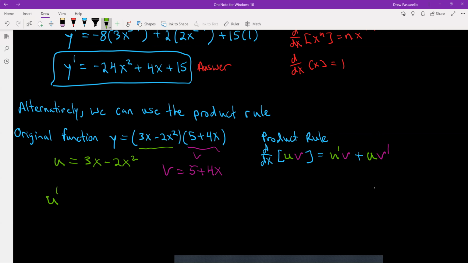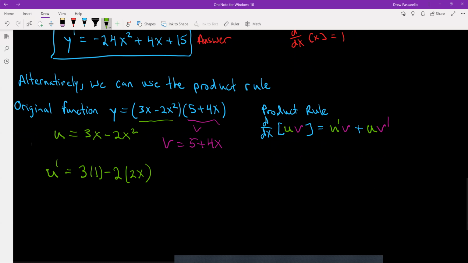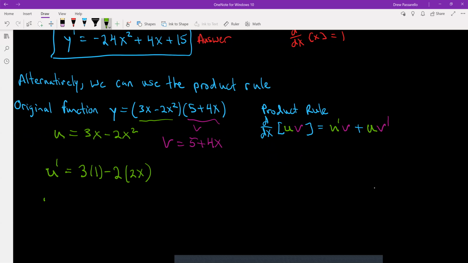Taking the derivative of 3x minus 2x squared, I factor out the 3, the derivative of x is just 1, so this is 3 times 1, then minus 2, take the derivative of x squared. Well, x squared becomes 2 times x according to the power rule. So u prime is 3 minus 4x.